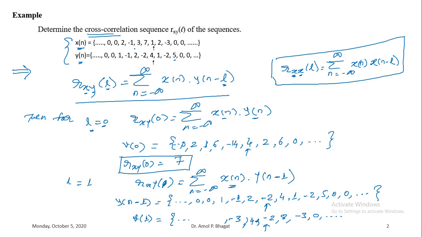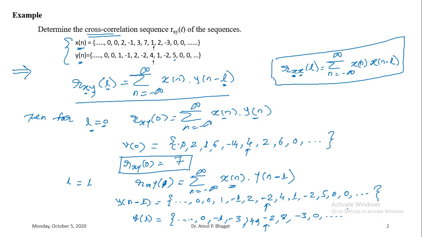Okay, so next value is minus 1 in this case, so it will be minus 1. Next is 0, right? All remaining values are 0 in this case. So you will get simply 0 as the result of multiplication, because here the value is 2, but 2 will get multiplied with 0, so it will be 0, and so on.